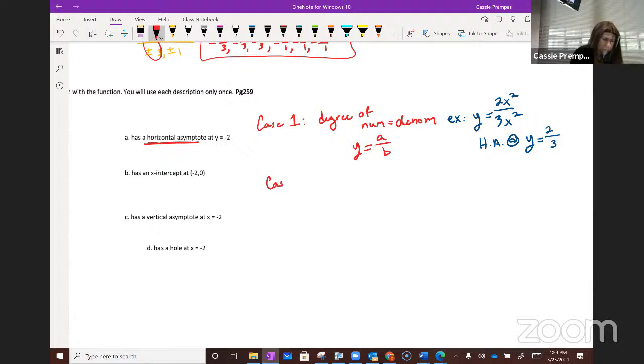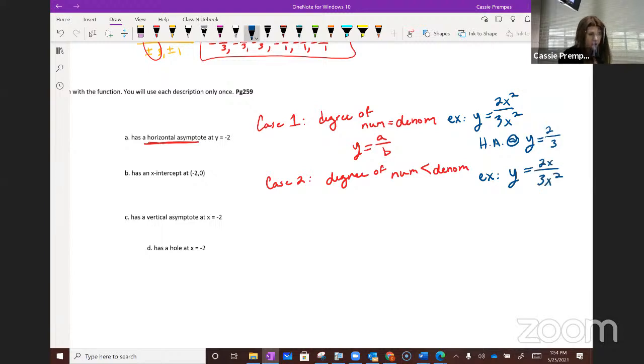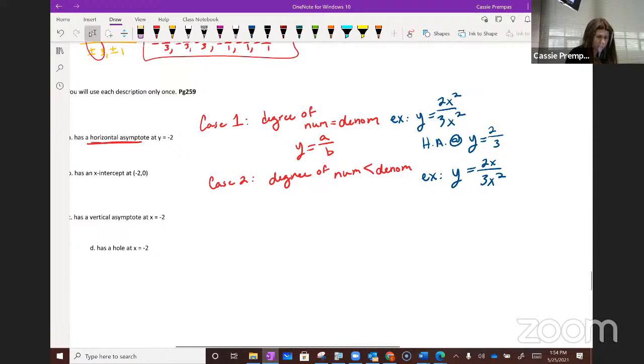Case number 2, if the degree of the numerator is less than the denominator. So example, if I have something like y equals 2x over 3x squared, do you guys remember what the horizontal asymptote is at? Is it the top or the bottom? If the top one is less than the bottom, 0.